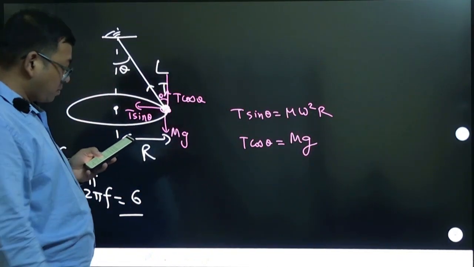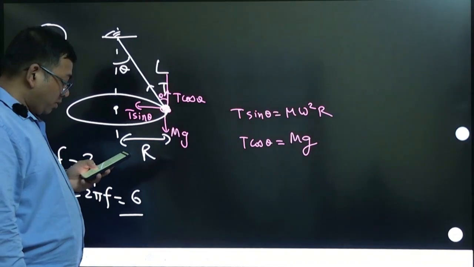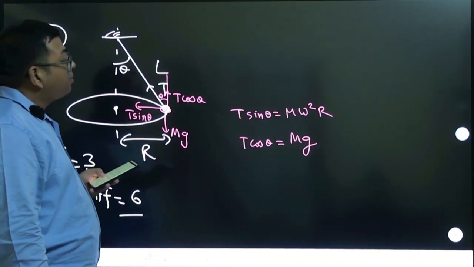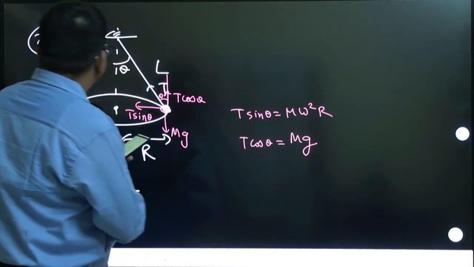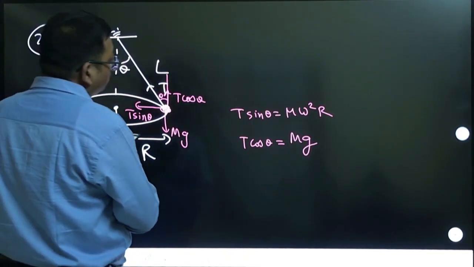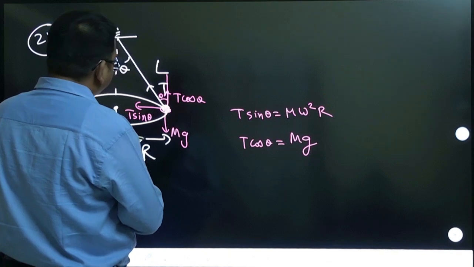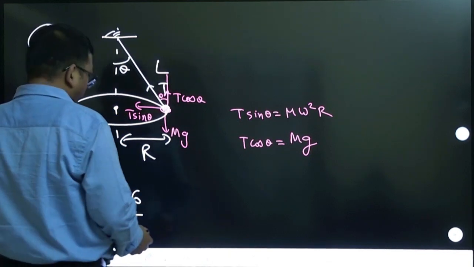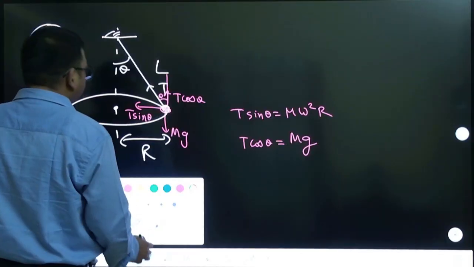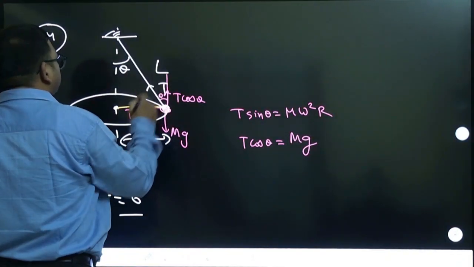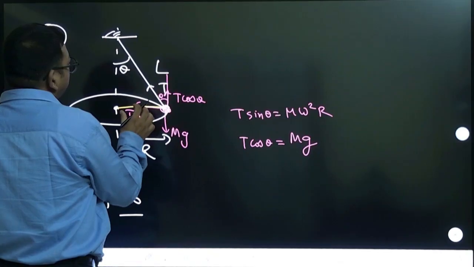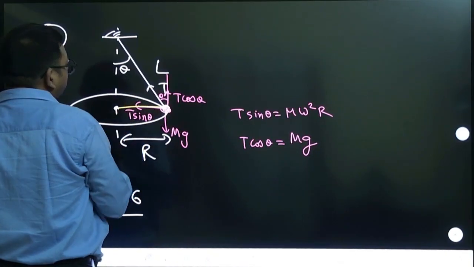We know this. We need to calculate the tension in terms of m and L. This is the radius, this is the length. Radius can be written as, what can we write?